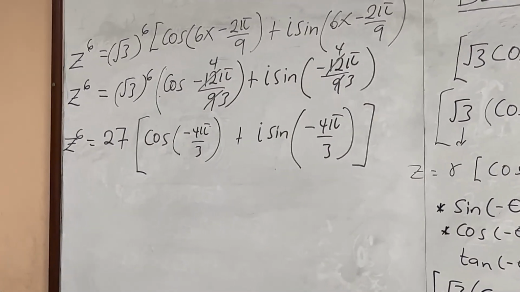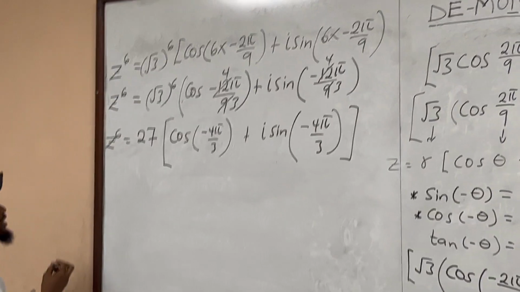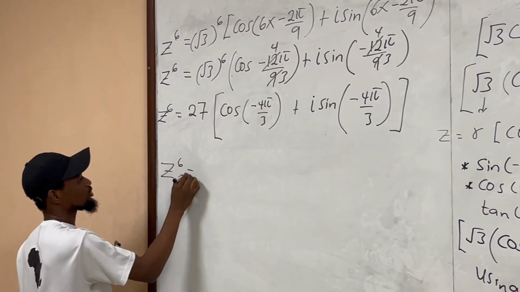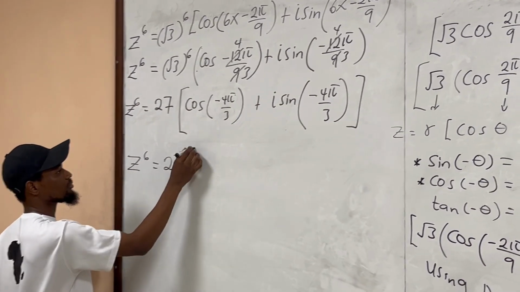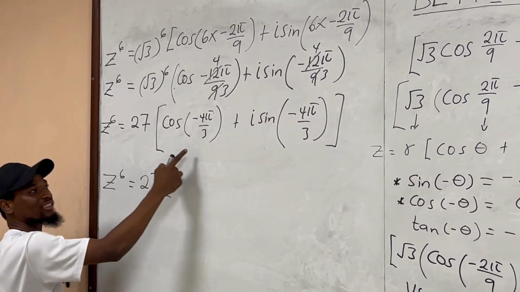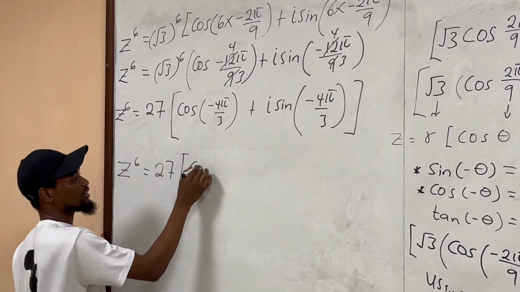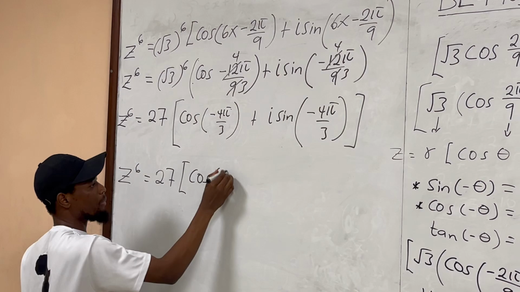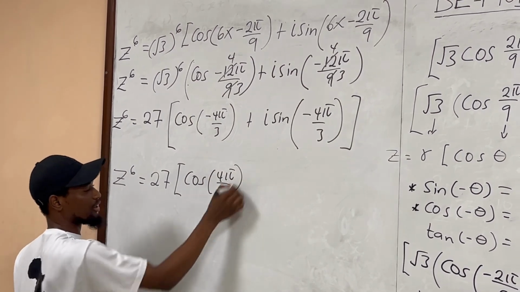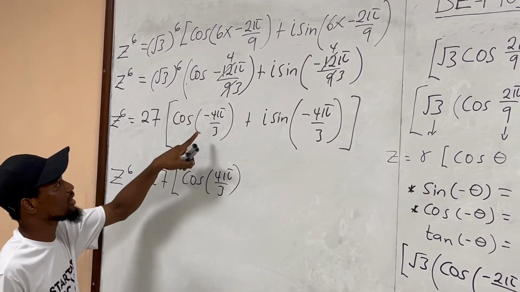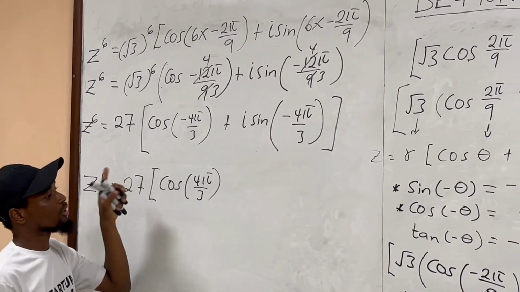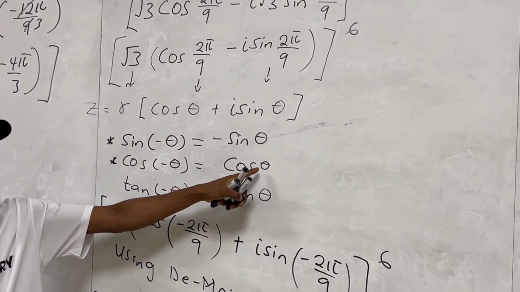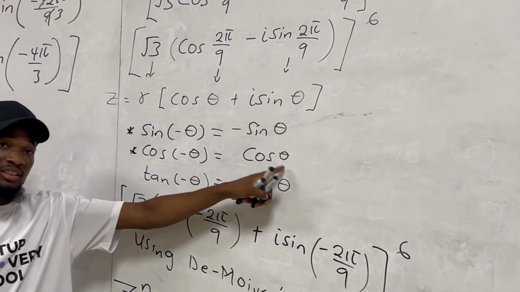As simple as that. So, to conclude, I can say that z to the power 6 is equal to 27 times cos of positive 4 pi on 3. Remember, I said for the negative angles, when this is negative theta, when I maintain the angle as positive, it's still the same.